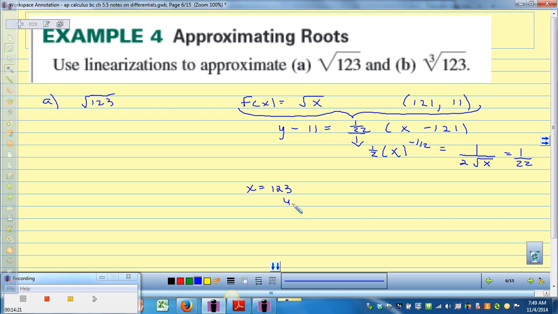So we're going to get y minus 11 equals 1 over 22 times 123 minus 121. Which is 2 over 22 or 1 over 11. And we get y equals 1 over 11 plus 11.